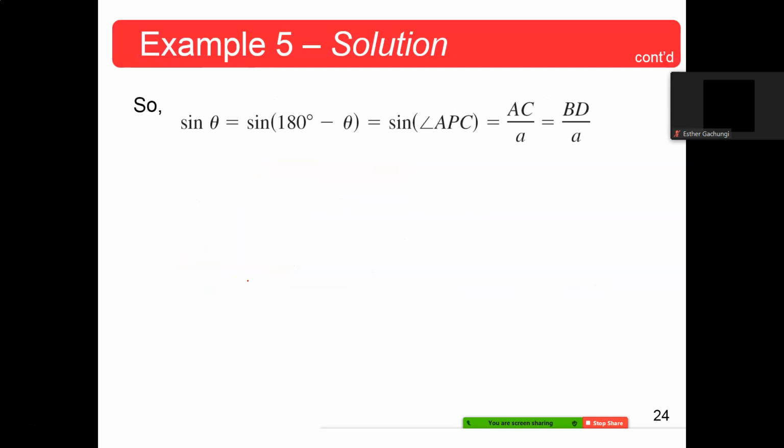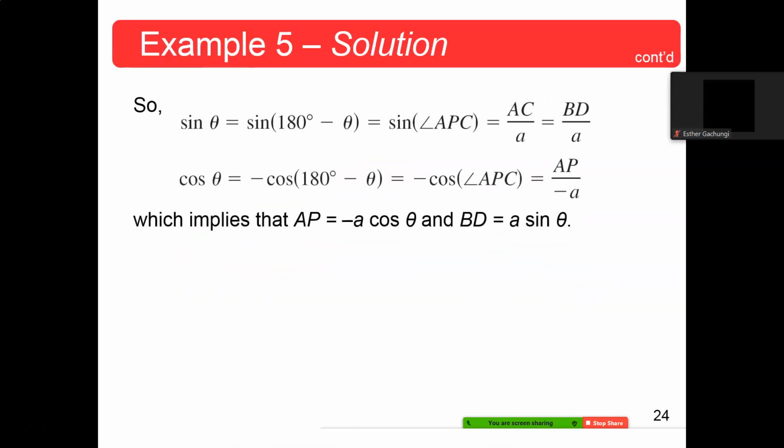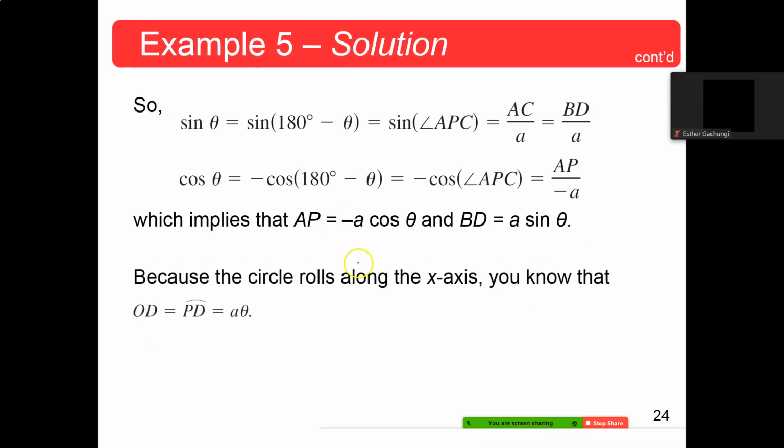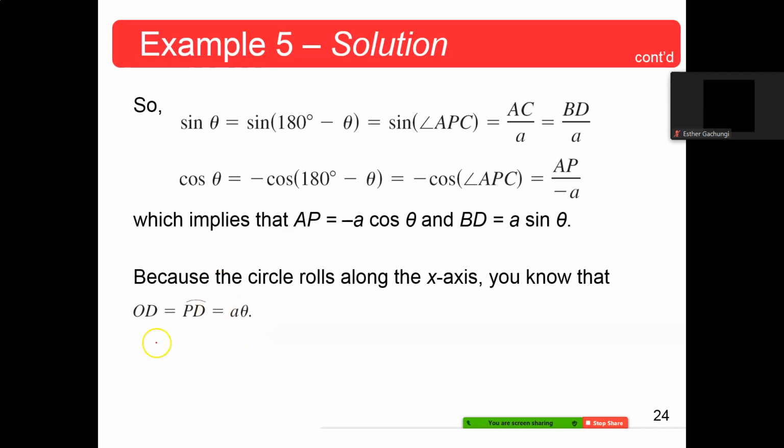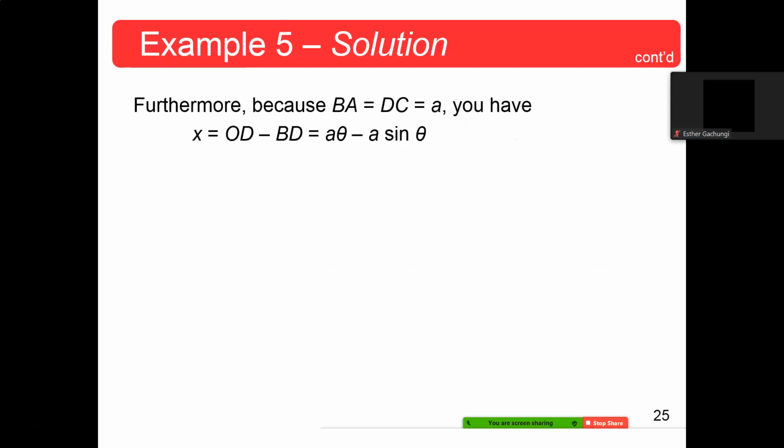But we already got what BD was right here: BD is A sine theta. OD is the arc PD, which is A theta. That's the key here, because the x-axis depends on the sine, the y-axis on the cosine, and so you get A theta, which is an arc length, minus A sine theta.